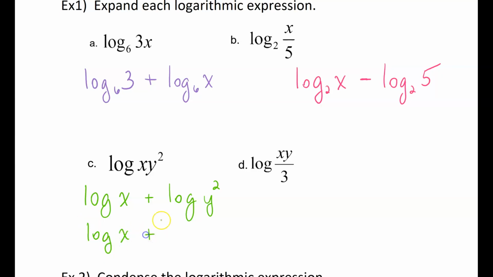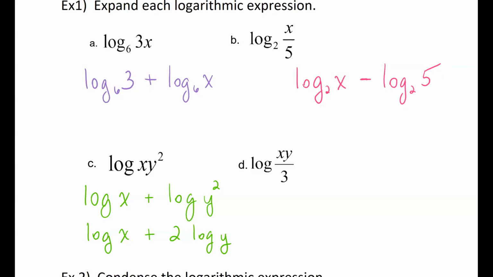Log of x plus, and applying the power rule to the y squared becomes 2 times log of y. So we always simplify the log when we can, and we just leave it like completely.